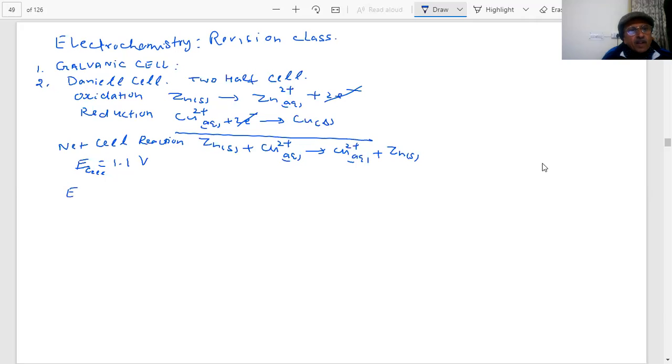If the external voltage is greater than 1.1 volt, student, then what will happen? The reverse will happen, and the result will be what? It will behave like an electrolytic cell.